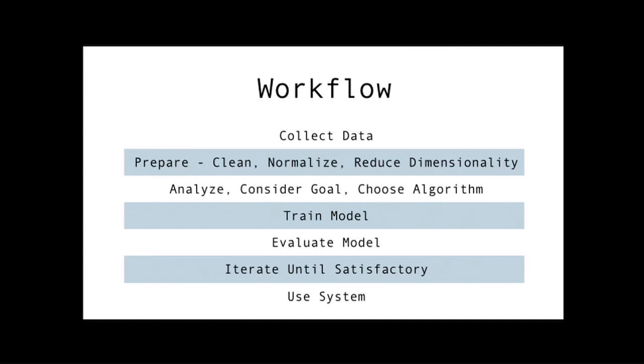Then we have to consider our goal. And this is the part, when we talk about choosing algorithms, where Azure makes it very easy to compare algorithms, but it doesn't really take the burden off of you to know what the differences between the algorithms are. Azure gives you about 40 different algorithms out of the box.